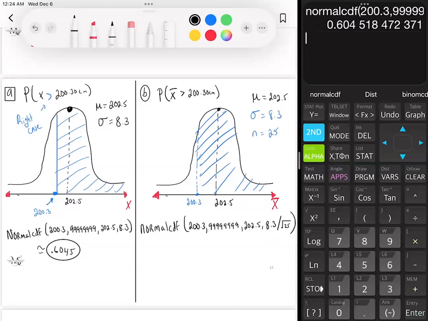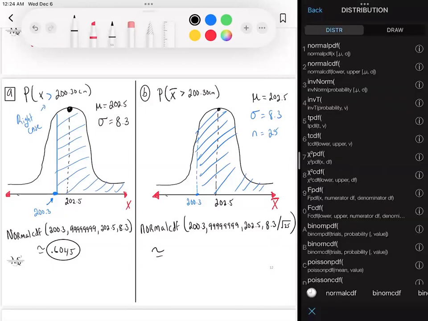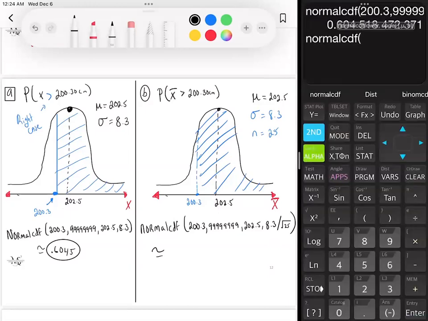Okay, let me enter this now into our calculator and round it to 4 decimal places. So how do I do this? I hit second vars, normalcdf, so the second option.